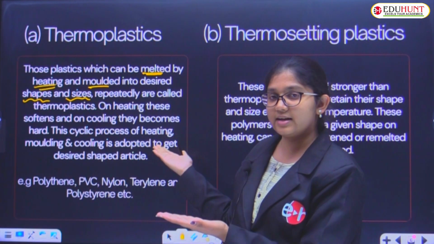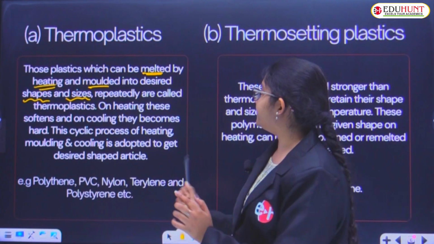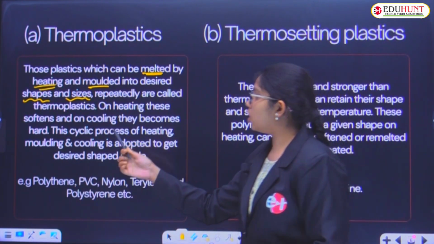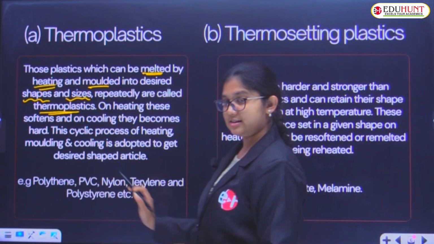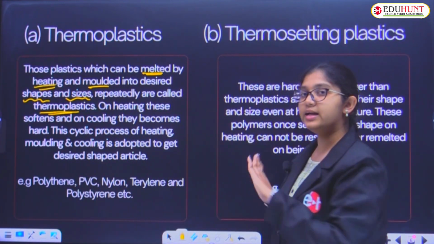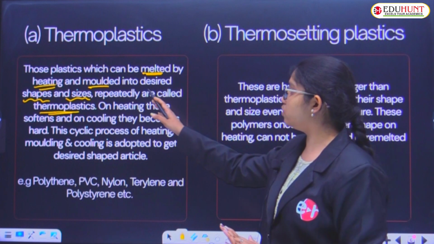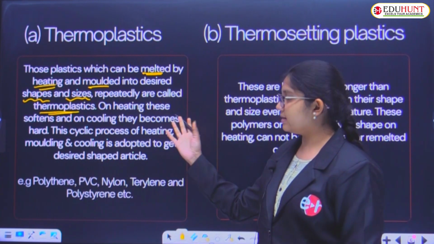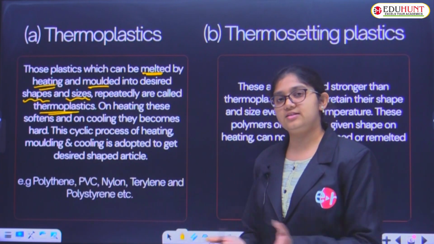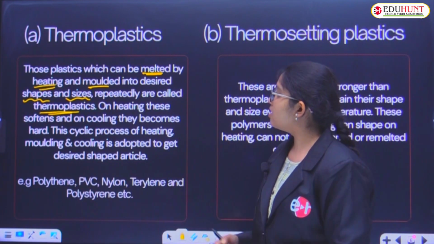And repeatedly are called thermoplastics. So what are thermoplastics, children? Those plastics which can be melted by heating and molded into desired shapes and sizes repeatedly are called thermoplastics. That's it. Simple.